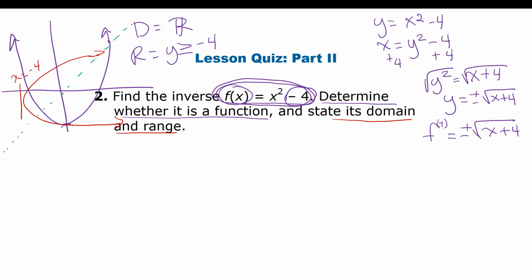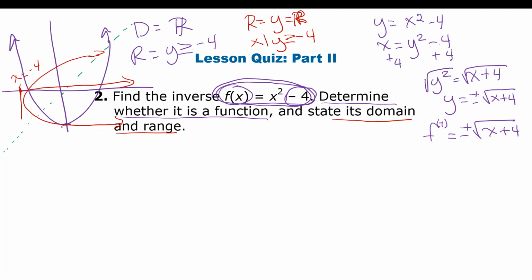So here we can see now our y's, our range, is going to be up or down anything. So now our range is going to be y is all real numbers. But our domain now is actually going to be the x such that x is greater than or equal to negative 4. So all of my x's have to be greater than or equal to negative 4.